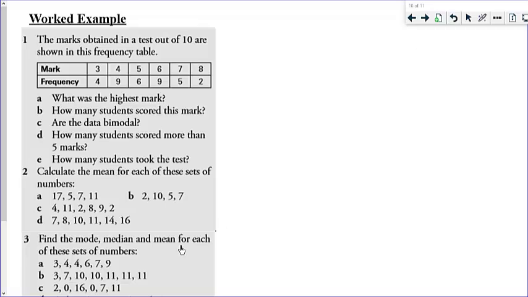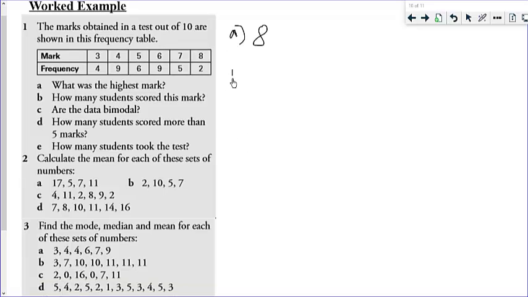Now let's look at some worked examples. The marks obtained in a test out of 10 are shown in this frequency table. What was the highest mark? So the highest mark is 8. It's different from the modal mark.